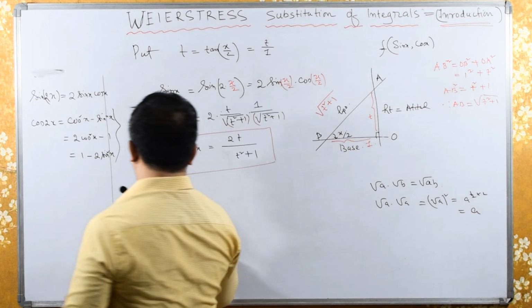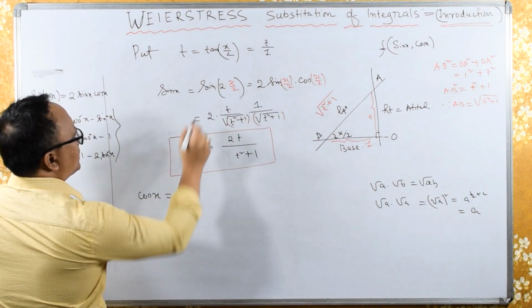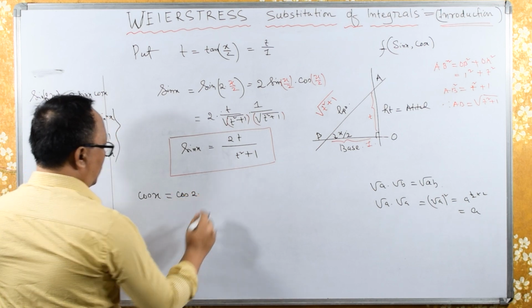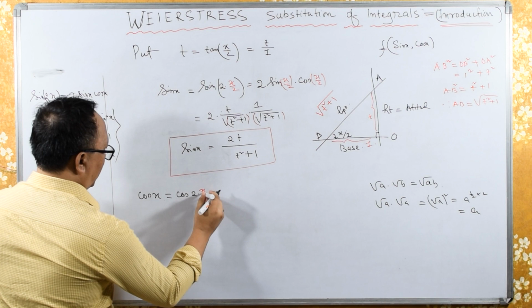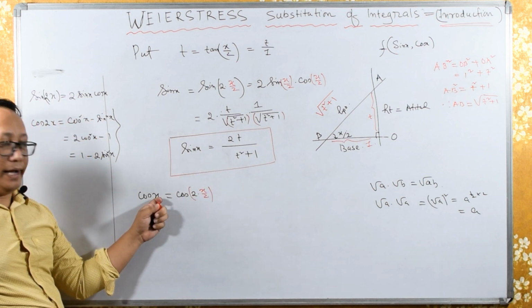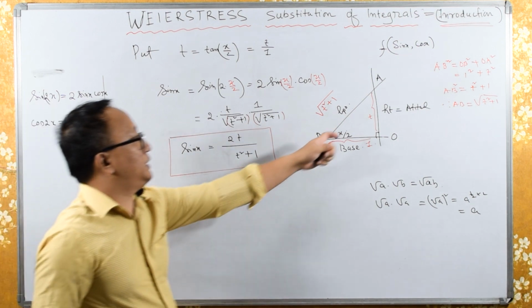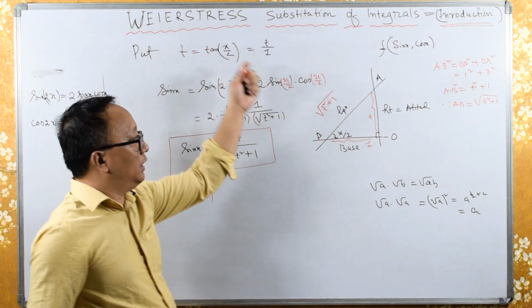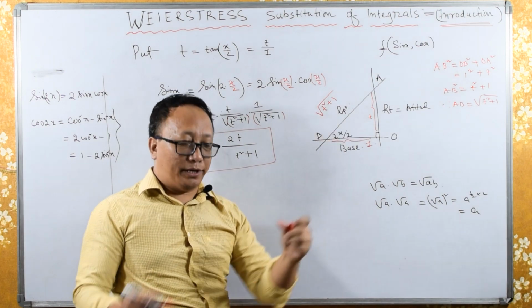But instead of cos x, what do we have to write? Cos of 2 into x by 2, because the 2 gets cancelled and we get x. Why am I bringing x by 2? Because this triangle is x by 2. Since I already substituted t equals tan x by 2, I need to get all angles into x by 2.